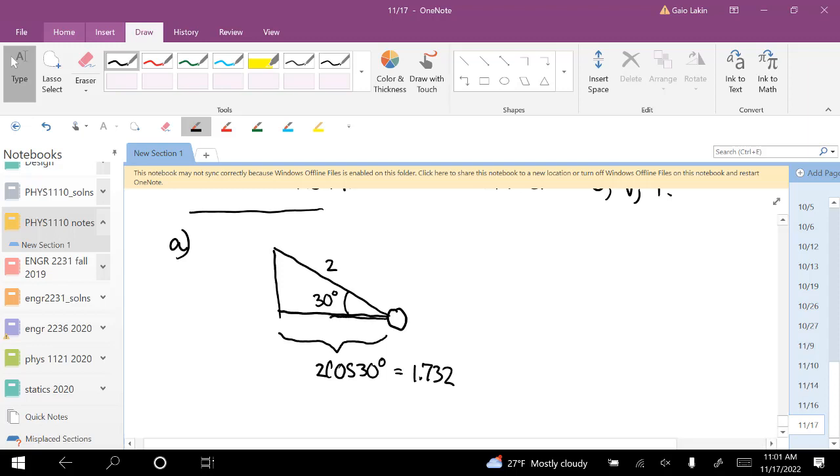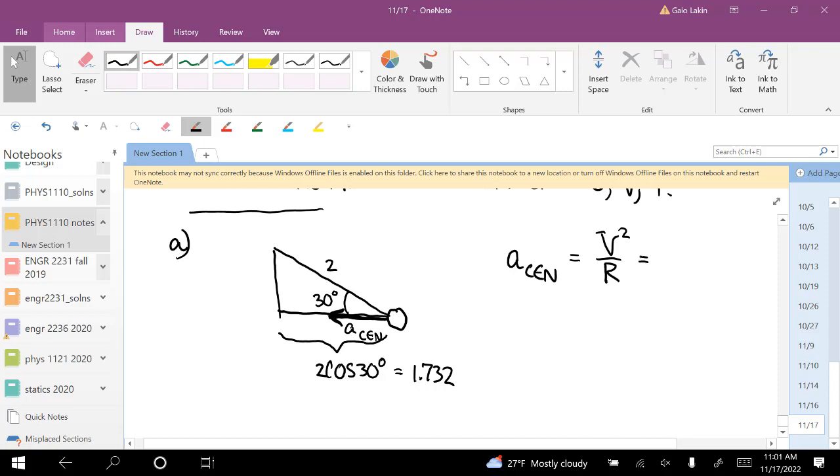The centripetal acceleration points this way. The magnitude of that centripetal acceleration is v squared over r.